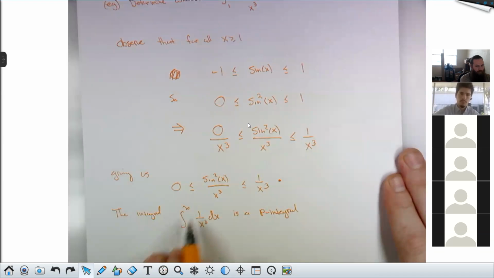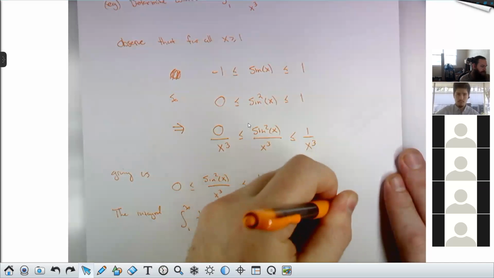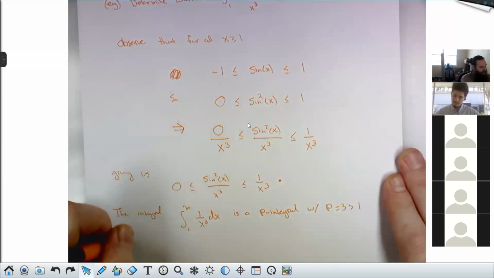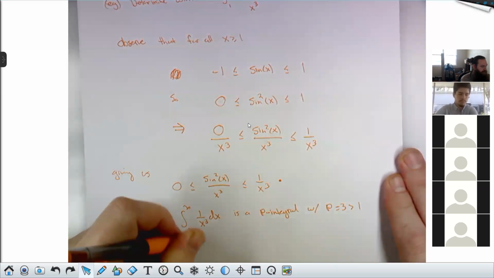Integral from 1 to infinity of 1 over x to the 3. That's a p integral with p equal to 3, which is bigger than 1. So the integral from 1 to infinity of 1 over x cubed dx converges.